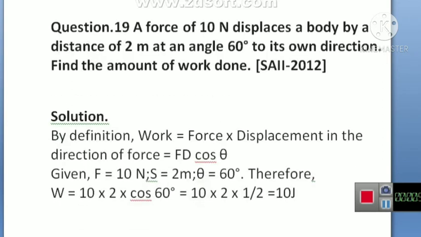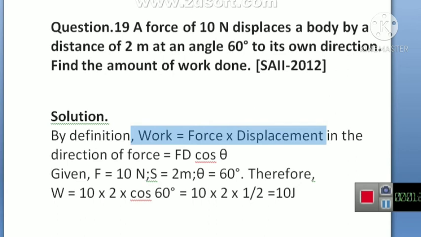A force of 10 Newton displaces a body by a distance of 2 meter at an angle of 60 degree to its own direction. Find the amount of work done. Solution. By definition, we can calculate work by the formula work is equal to force into displacement.